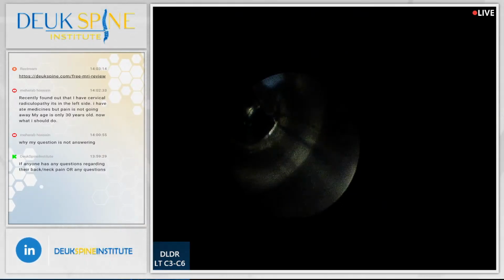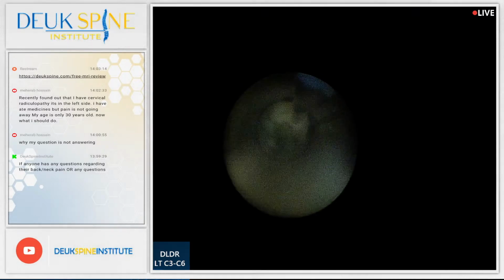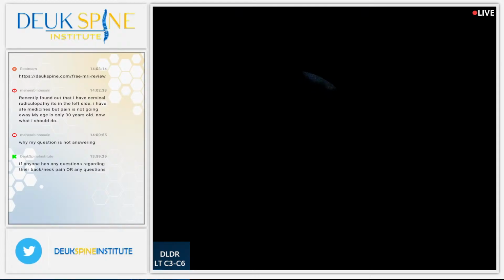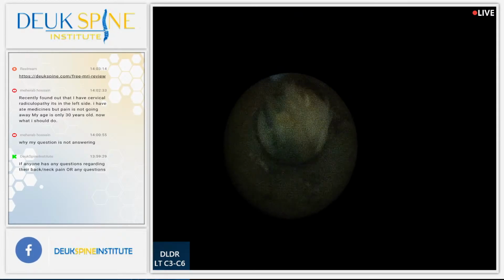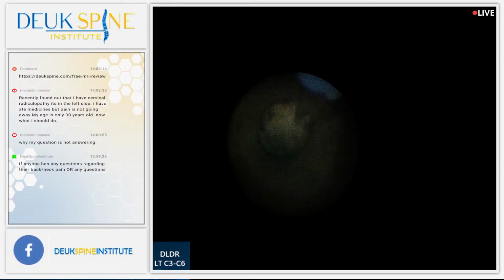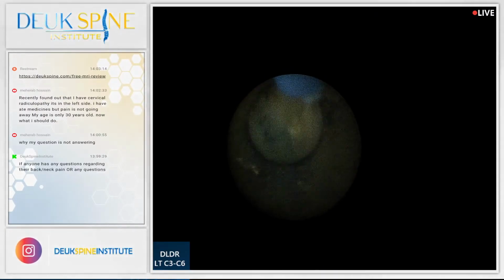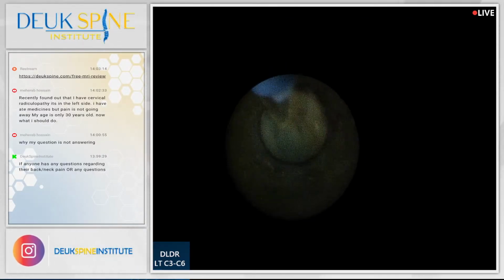Duke Spine Institute offers a series of treatments that are unique. We're the only ones in the world that can perform them. These treatments are designed to target the exact source of pain in your neck, whether it's a pinched nerve, an irritated nerve, an annular tear that's inflamed causing discogenic neck pain, or facetogenic pain.